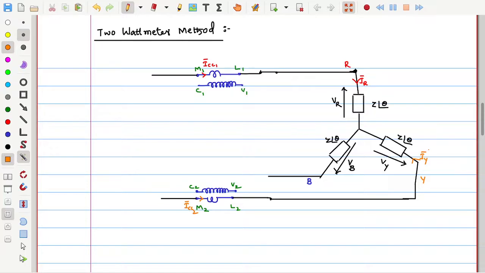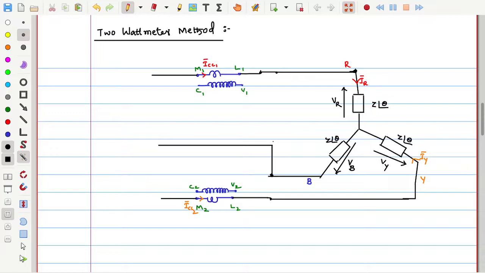Now the important task is the next connection, where we need to connect the voltage coils. The 2 wattmeter method states that if we choose the current coils in R and Y, connect the voltage coils from those phases to the left out phase.